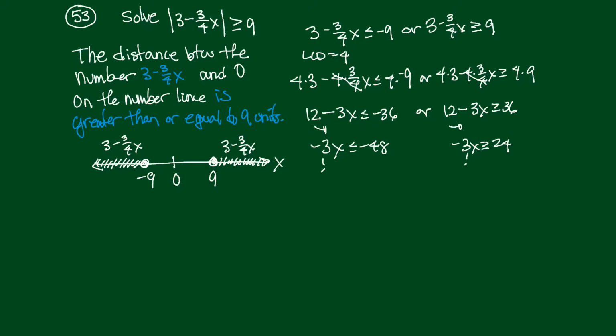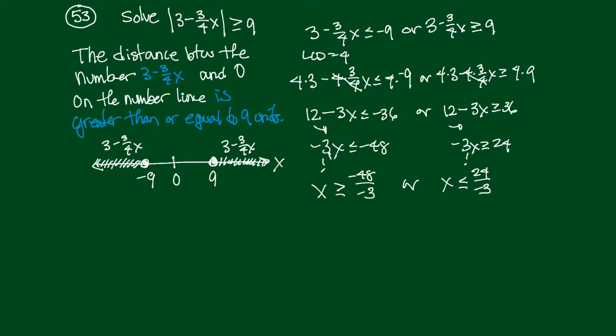So in both these cases, we're going to divide by -3, so alert, that's going to change the direction of those inequality signs. So here's where we are then. We get x is greater than or equal to -48 over -3, or x is less than or equal to 24 over -3. You see what happened here.